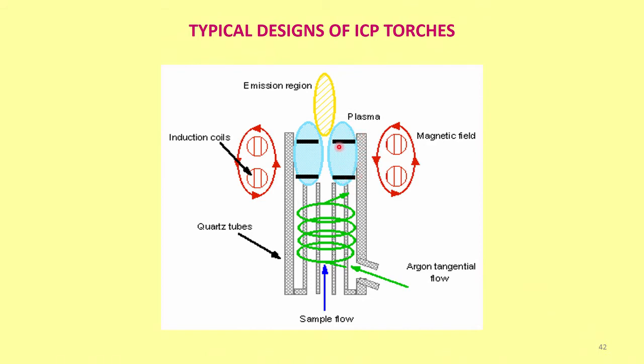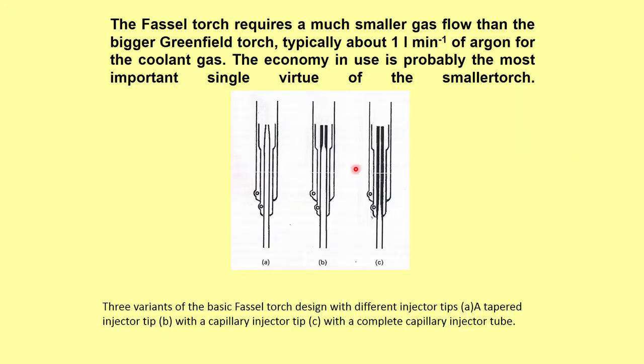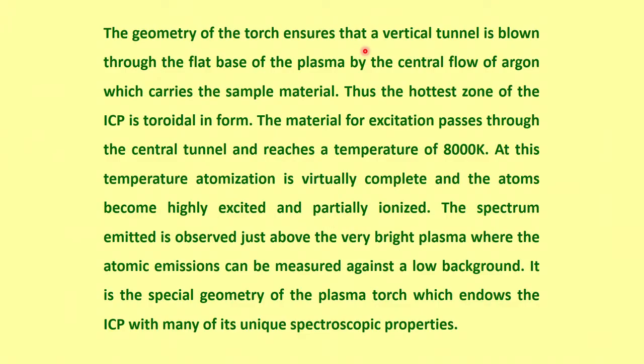Between this plate and this plate, 2 black plates inside the Greenfield system, that is hardly about 2 millimeter. Whereas in the Fassel torch, it is about 2 centimeter. So, that the sample gets cooled before it enters the plasma toroidal space. So, the geometry of this torch ensures that a vertical tunnel is blown through.